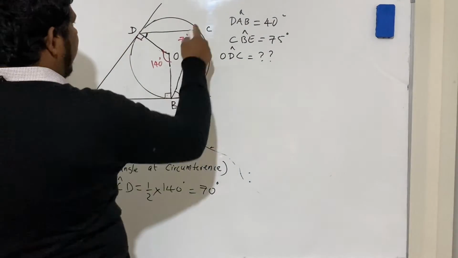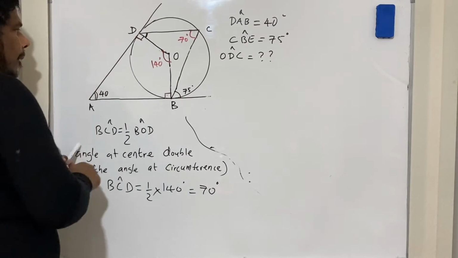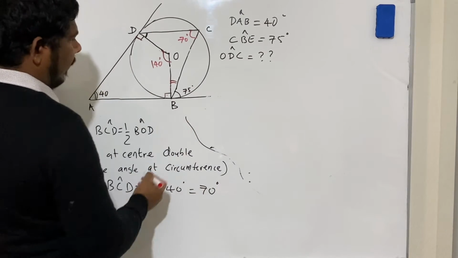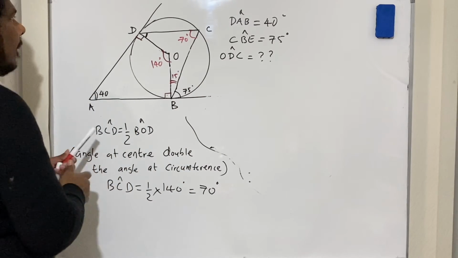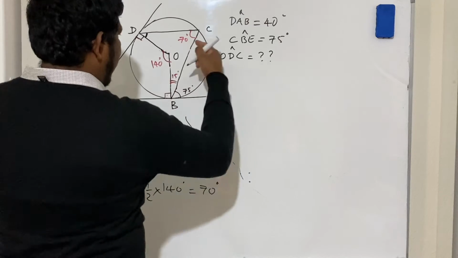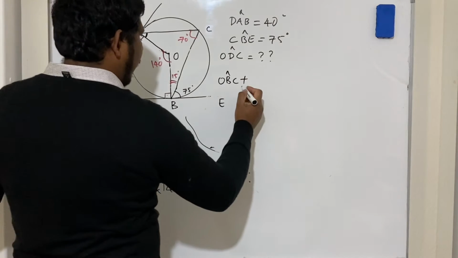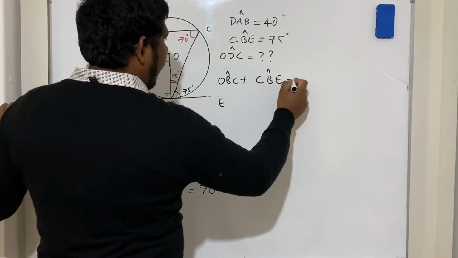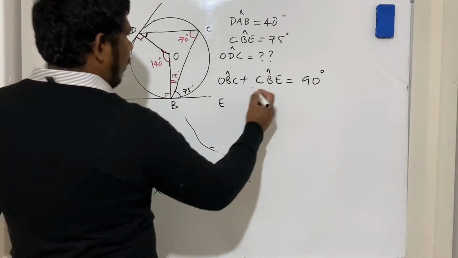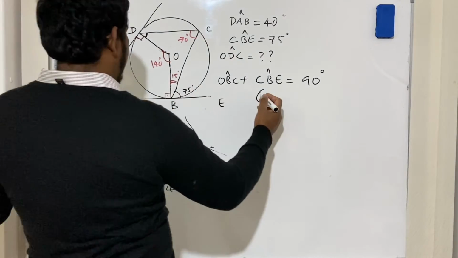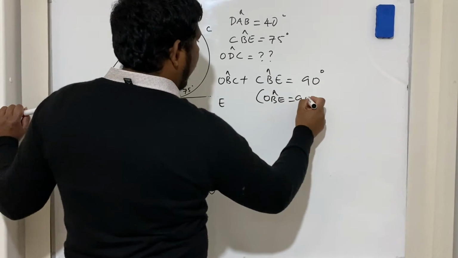So we found this BCD is 70, and now this angle is going to be 15 degrees because this is the right angle as well. So we can write it down there. Angle OBC plus angle CBE is 90 degrees, because you can write down angle OBE is 90 degrees.